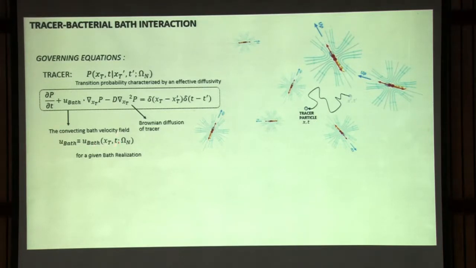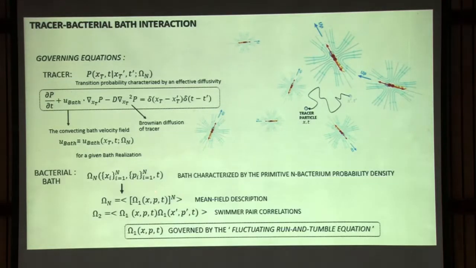Now the bath is characterized in principle by the n swimmer probability density, but I'm going to look at the simplest description where I say that there is a mean field approximation where I approximate omega n as omega 1 to the power n. So the correlator is just given by the average over the noise we just saw. Okay, and the correlation I really need is the pair correlation, which matters for the velocity correlation function and the tracer diffusivity.